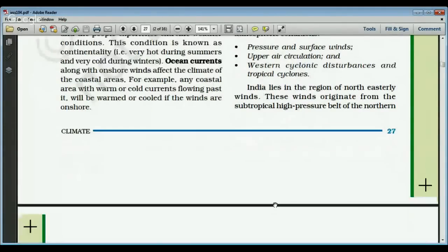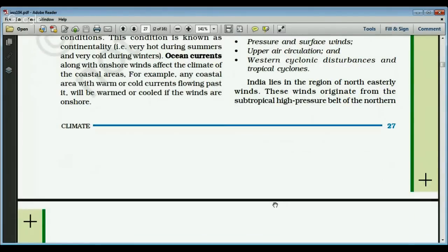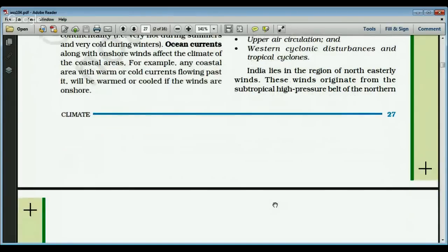India lies in the region of northeasterly winds, and these northeasterly winds originate from the subtropical high pressure. These are part of the global wind system.